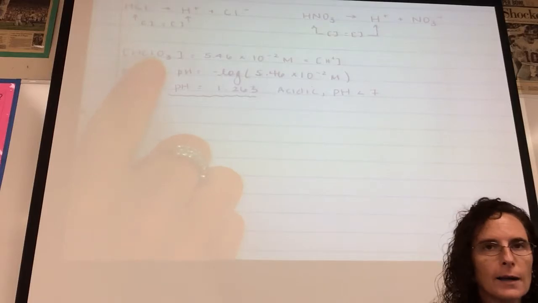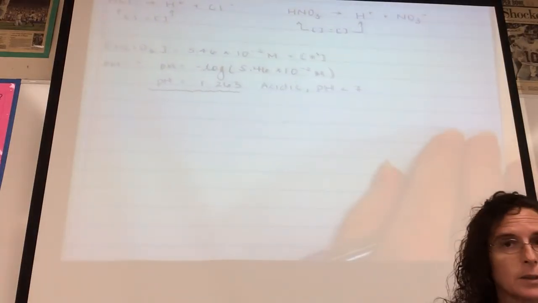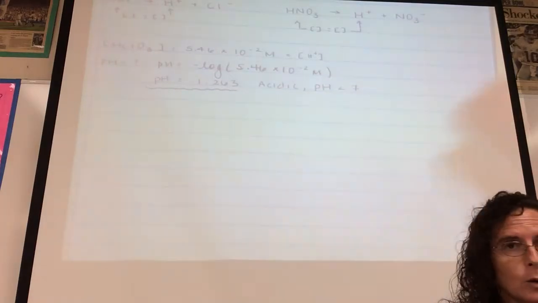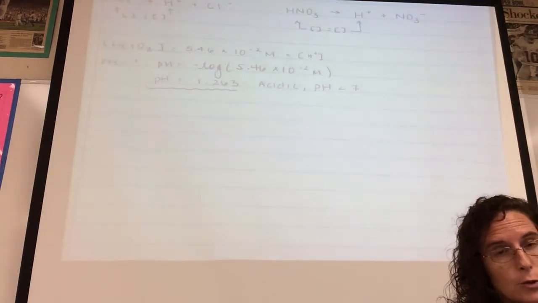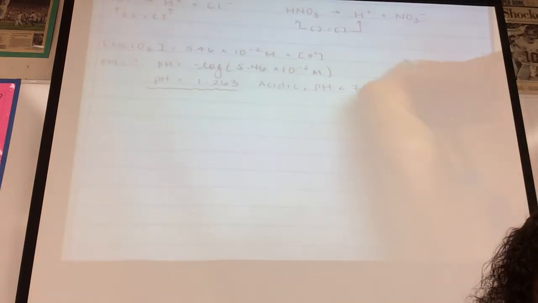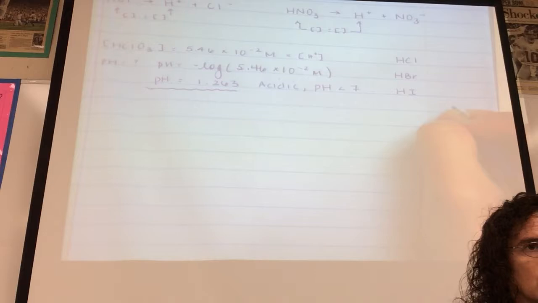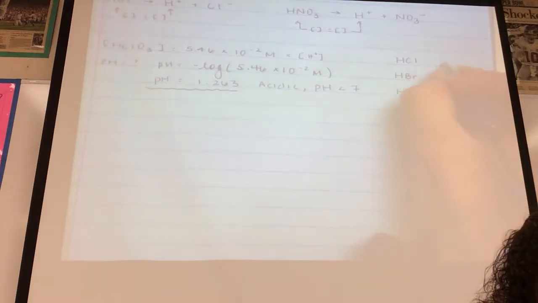There are 8 strong acids that you want to be familiar with. They're in your notes. I'm going to tell you on the quiz that it's strong, but on the test you could have a multiple choice question. Which of the following is a strong acid? Your strong acids are hydrochloric acid, hydrobromic acid, hydroiodic acid. Those are the 3 strong binary acids.